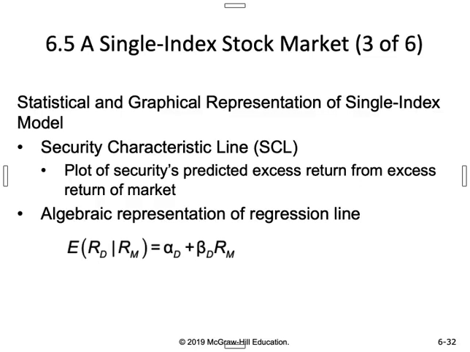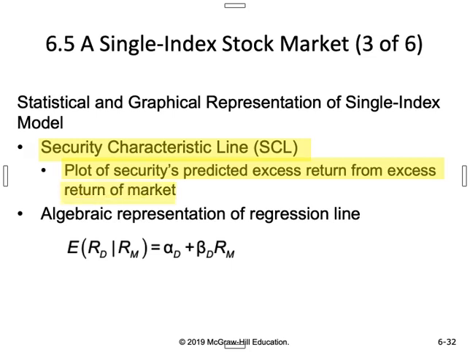I left off in the last video with this slide explaining what the security characteristic line is. And that is a plot of the security's predicted excess return, excess meaning that amount of return over the return of the risk-free asset, T-bills, predicted excess return from excess returns of the market.